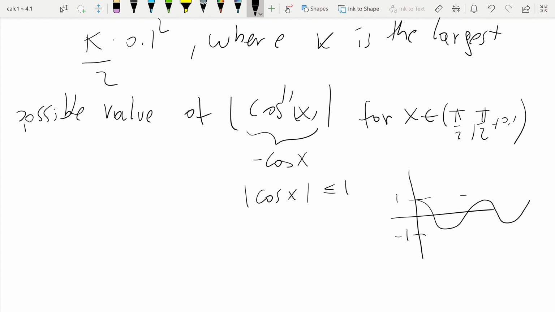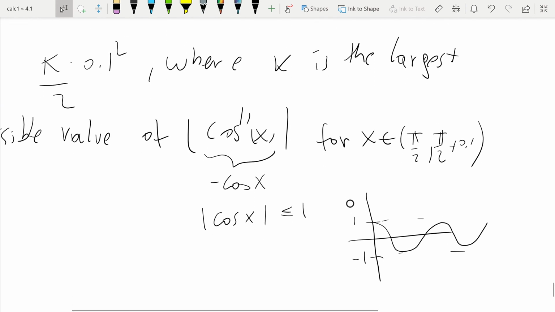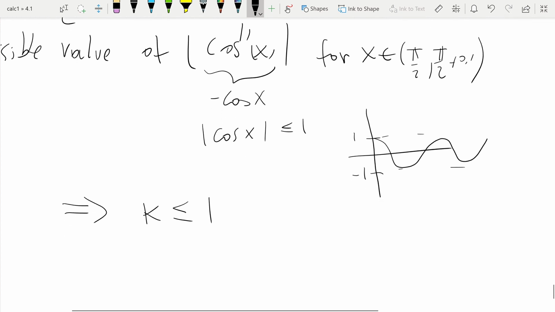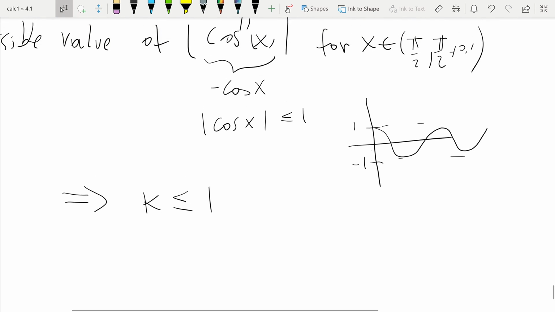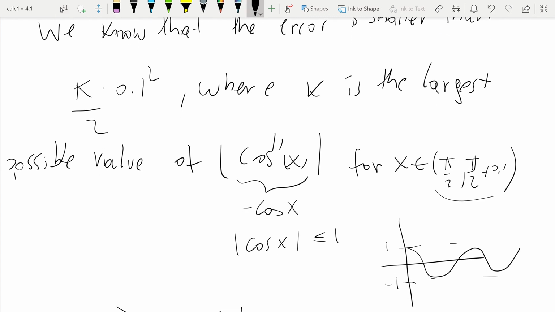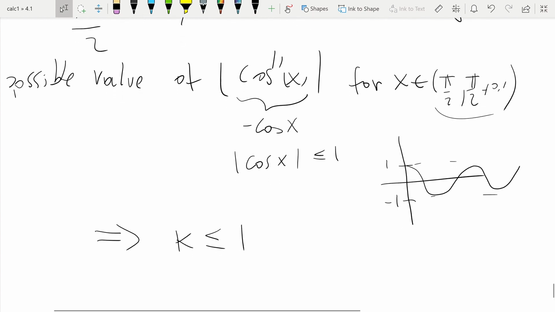It's always trapped between minus 1 and 1, so the absolute value is always less than or equal to 1. So in any case, we know that k cannot be greater than 1, because the absolute value of cosine can never be greater than 1 anyway. Doesn't matter what interval you're looking at.